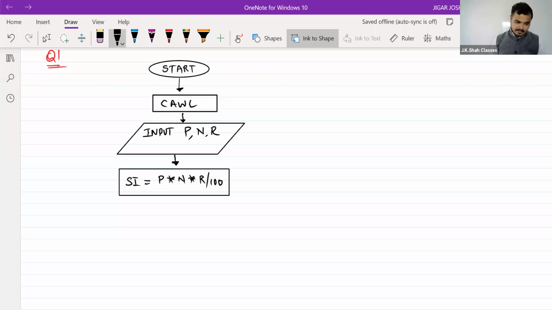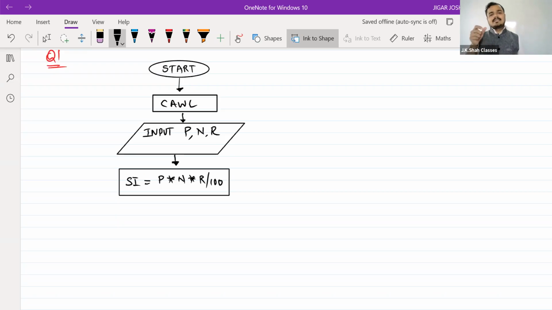Understood? Now remember that multiplication sign should always be a star mark only, and division should be indicated by using a slash mark only. Understood?